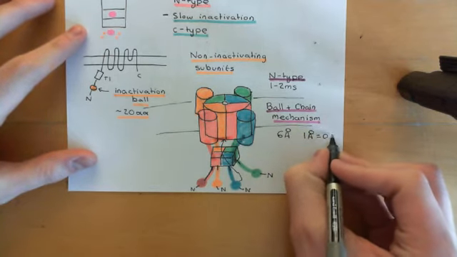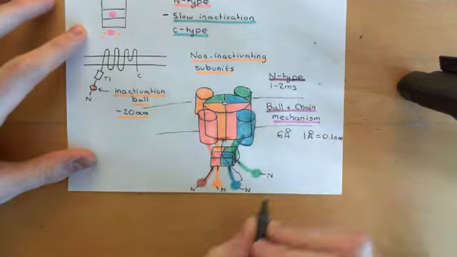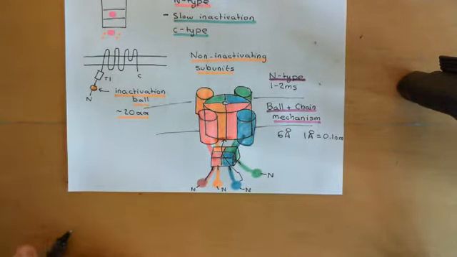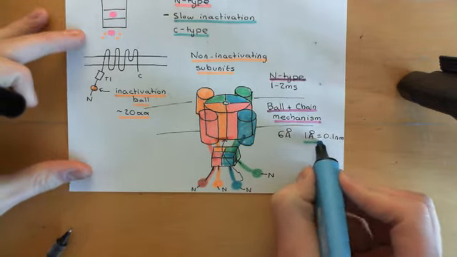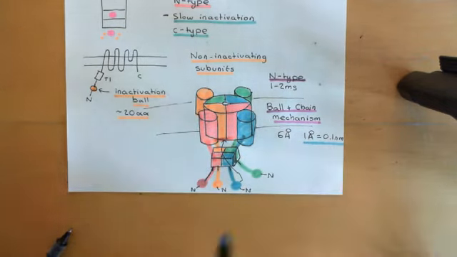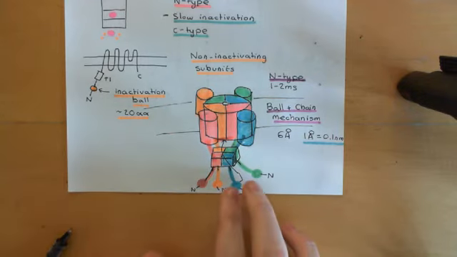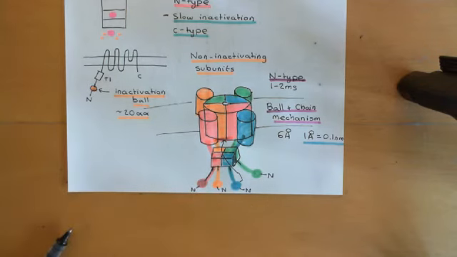So 1 angstrom is 0.1 nanometers. It's just another unit for length that people use on this tiny scale, basically. It's a very biologically relevant length scale to be using. So the diameter of the internal aspect of the pore is around 6 angstroms, whereas this ball here of 20 amino acids, this inactivation ball, is far too thick to actually fit into the internal aspect of the pore.